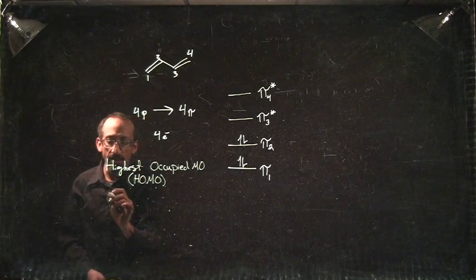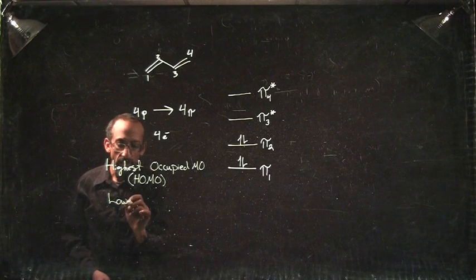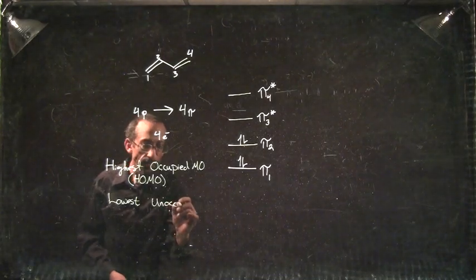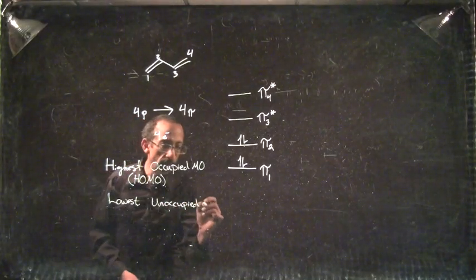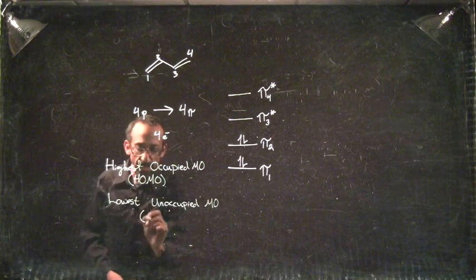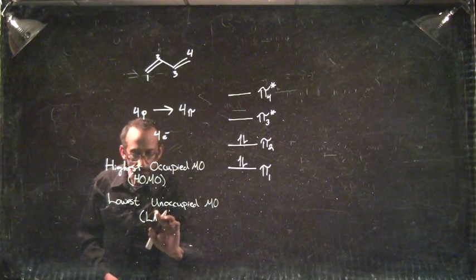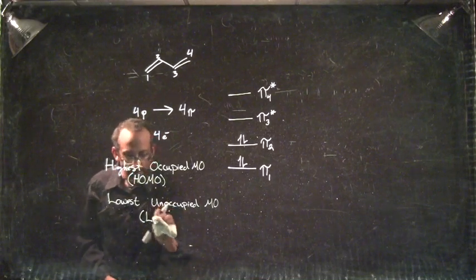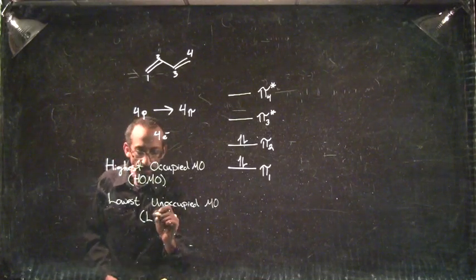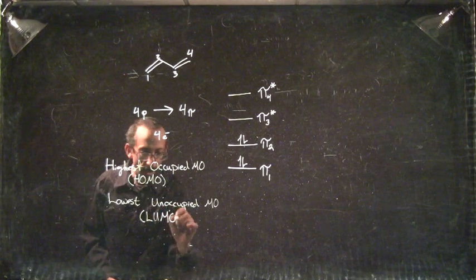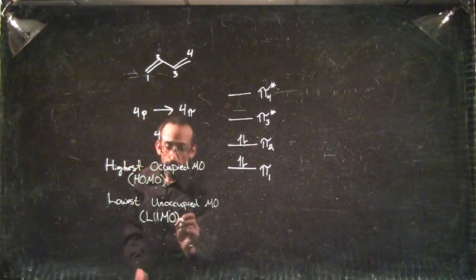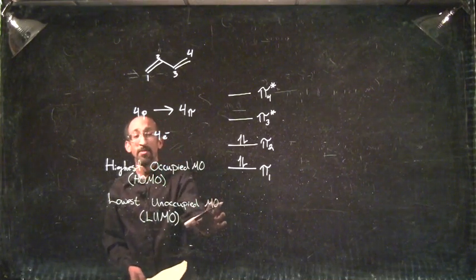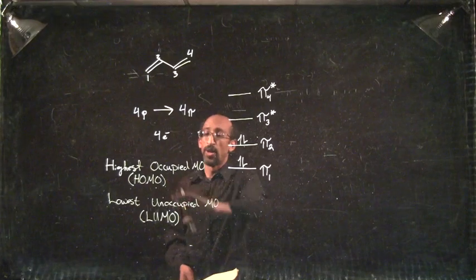We also want to know which one is the lowest unoccupied molecular orbital, abbreviated LUMO. So we want to know our highest occupied molecular orbital and lowest unoccupied molecular orbital, also known as the HOMO and the LUMO.